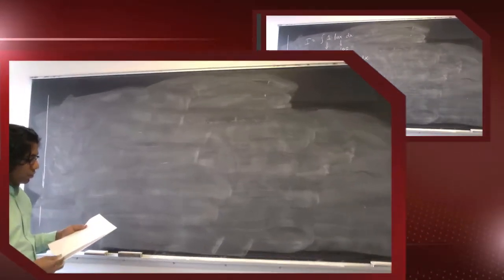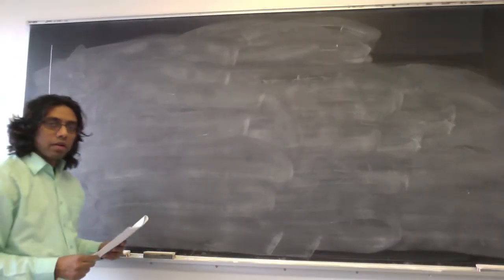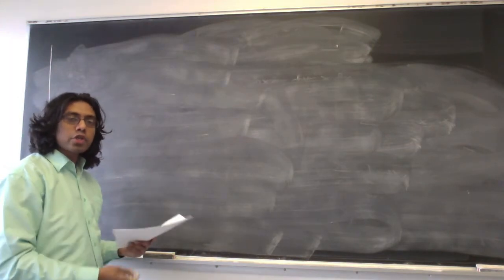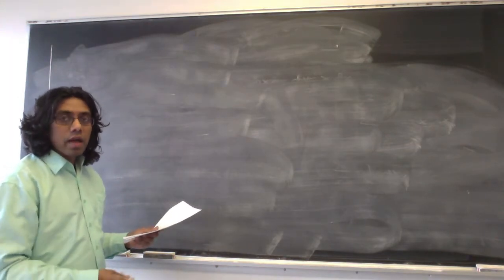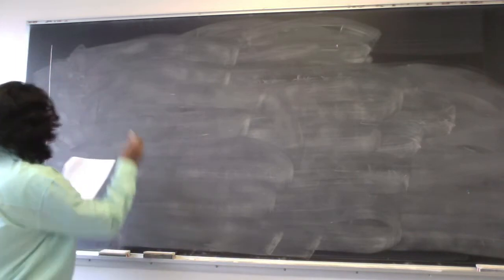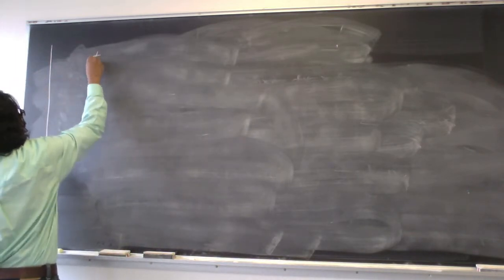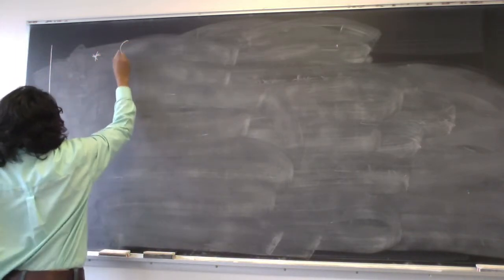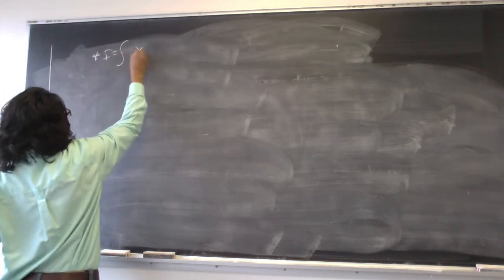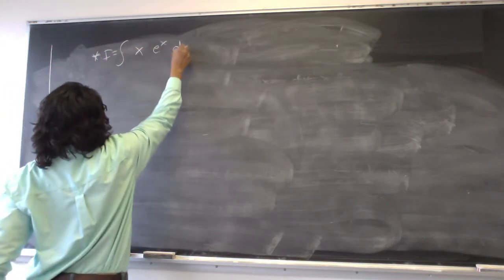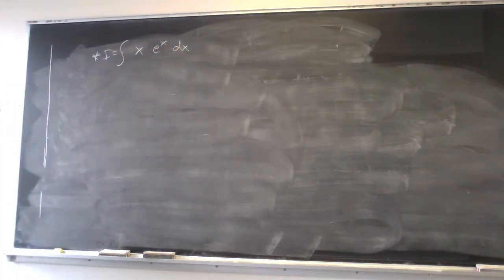and this thing is x times natural log of x minus x. Suppose you have a problem where you have multiplication of an algebraic function and an exponential, then what to do? Something like this: integral of x times e to the power of x dx. Now again you have two choices.